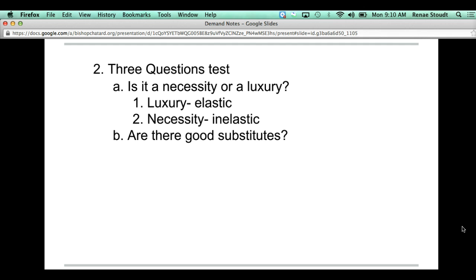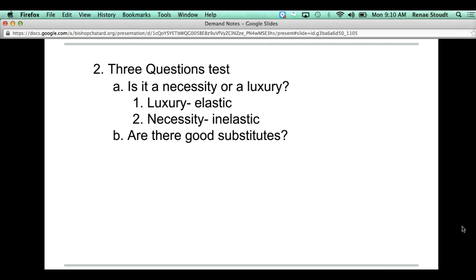Are there good substitutes? If we're talking about La Hacienda, are there good substitutes for La Hacienda? There are other places I can go to get good Mexican food. Yes, most definitely.